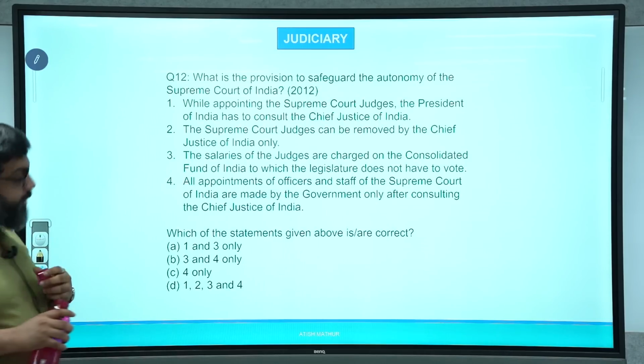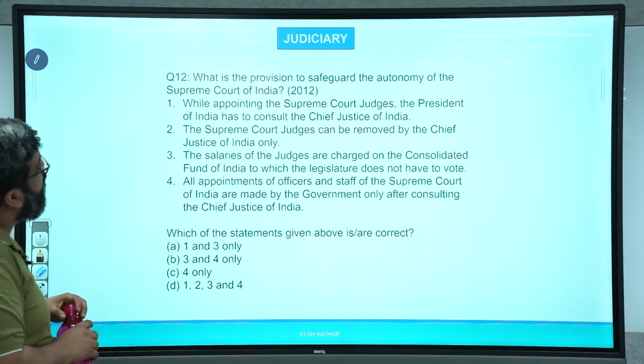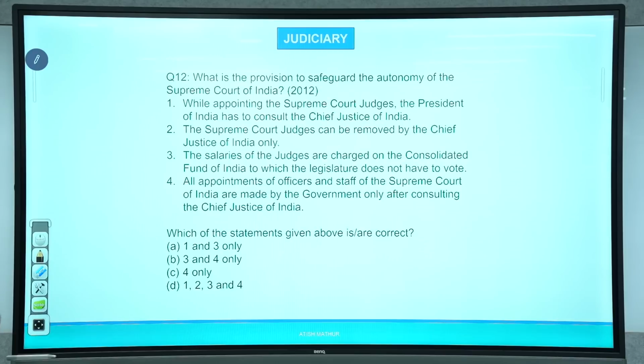What is the provision to safeguard the autonomy of the Supreme Court of India? While appointing the Supreme Court judges, the President has to consult the Chief Justice of India. The Supreme Court judges can be removed by the Chief Justice of India only.